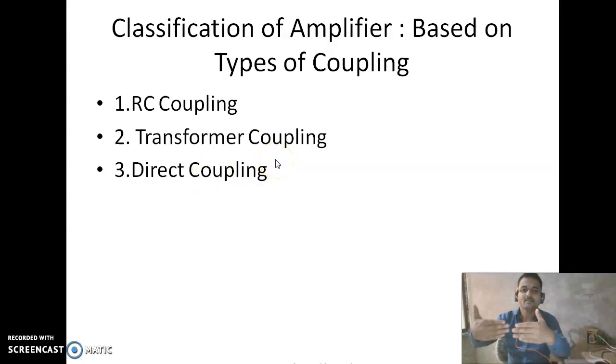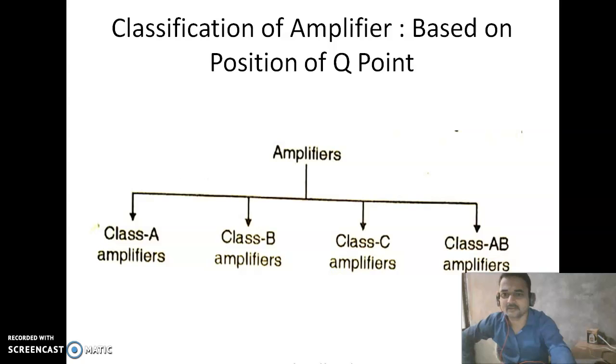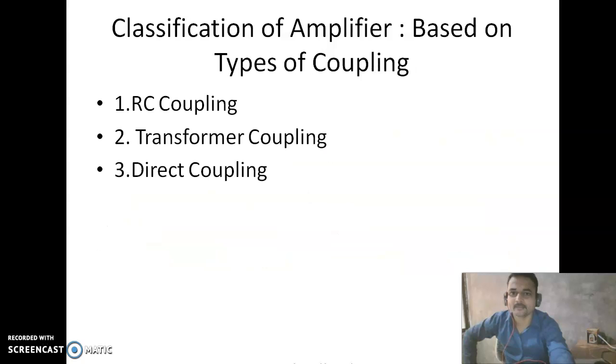So coupling is nothing but joining, connecting one stage of the amplifier to another stage. So these are the different classifications: by Q point, class A, class B, class C, class AB power amplifier.